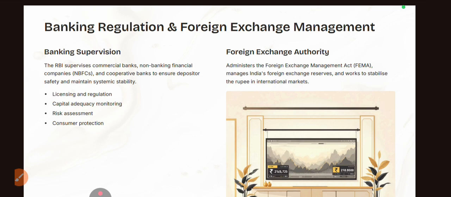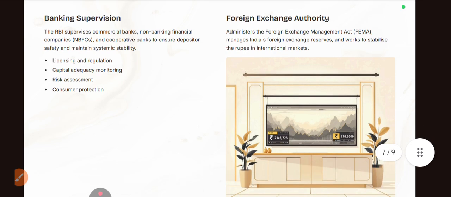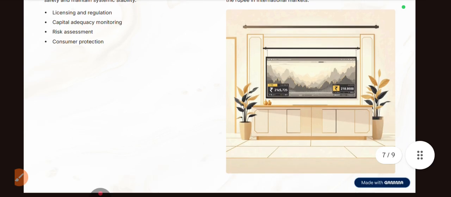Licensing, regulation, capital adequacy, risk assessment and consumer protection all come under banking supervision. And foreign exchange authority: RBI is the administrator of foreign exchange management and India's foreign exchange reserves, and works to stabilize the rupee in the international market. They supply the rupee to the international market.